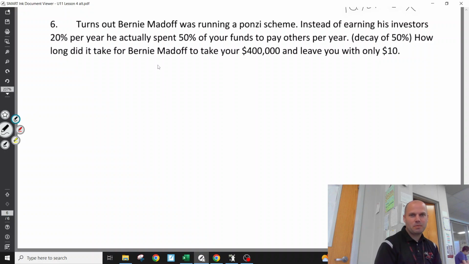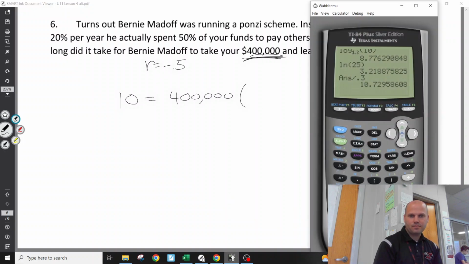How long did it take Bernie Madoff to take your $400,000 which you invested and leave you with only $10? That's funny. $10 is your future. You started out with $400,000 invested in Bernie Madoff. R is negative 0.5. 1 plus r would be 0.5. Okay, that's important.